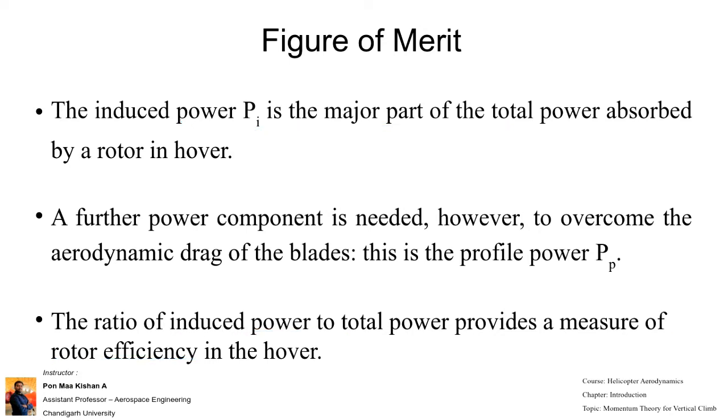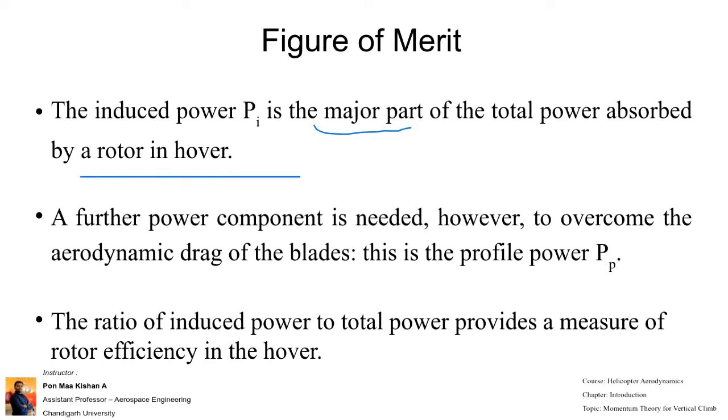That's why they have said it is a major part of the total power absorbed by the rotor during hovering. During hovering, the induced power takes much of the power consumption for the rotation, and we have to withstand the weight of the helicopter. And we should not move anywhere, either forward or backward, or even up or down.